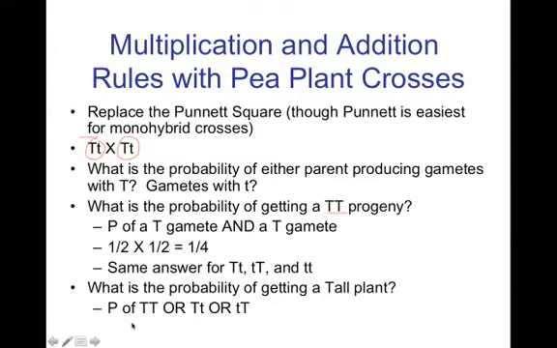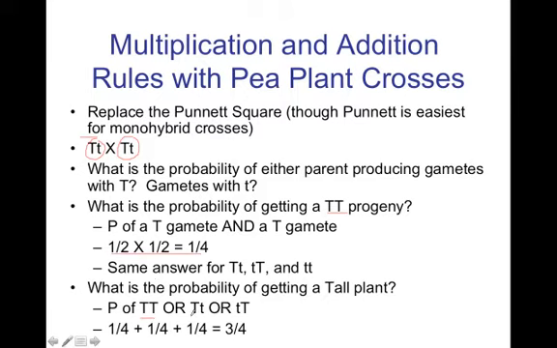So in essence, we have to ask, what's the probability of getting a big T, or a big T, or a little t, big T? And we know that there's a 1/4 probability, 25% probability of getting a big T, just like we saw here.